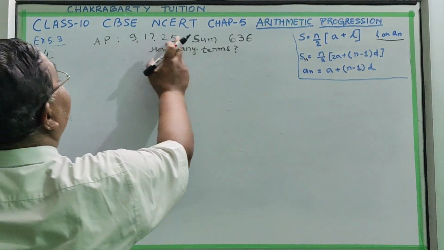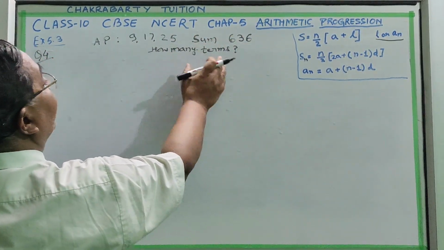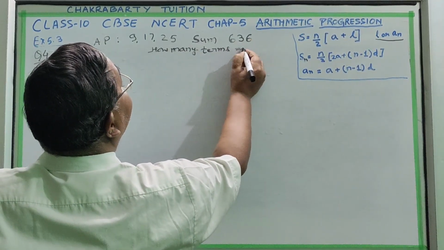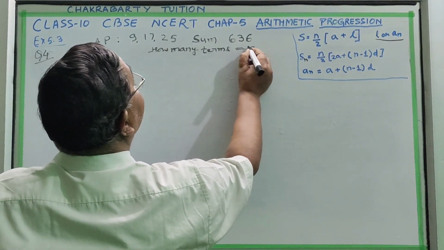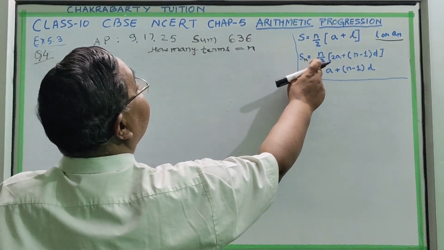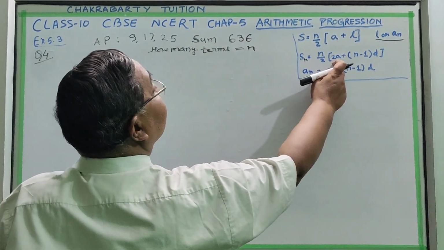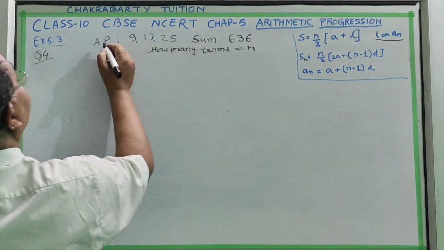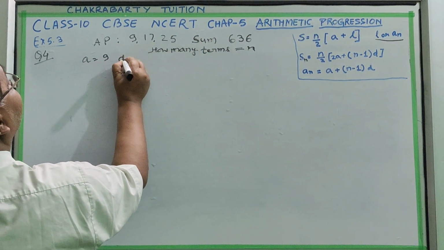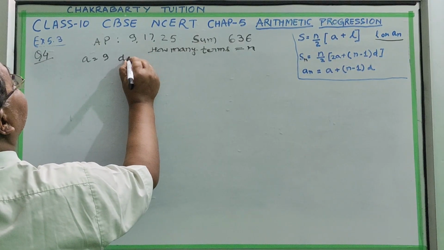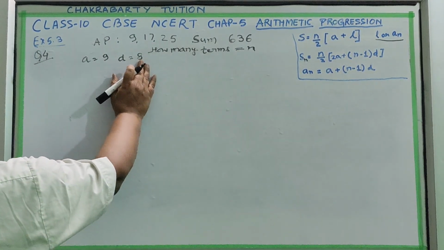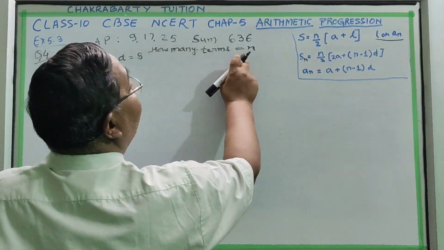Now this is the next question. The AP is given, the sum is given, and you have to find the number of terms, that is, you have to find n. In the formula for Sn, n is not given, a is given, and d is also given. Here a will be 9, and d is 17 minus 9, so 8 will come. So a is given, d is given, only n is not given, and n you have to find out.